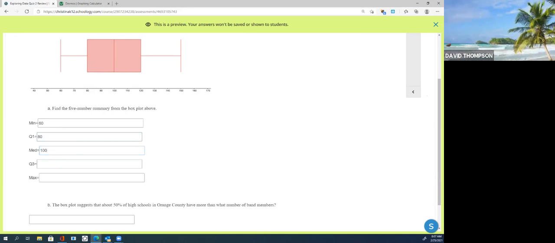So my next line would appear at, let me just draw so you can see it, 120. And my last line would appear at 150. So there's my 5 number summary.